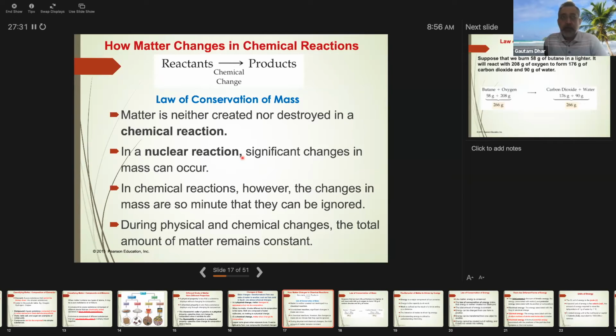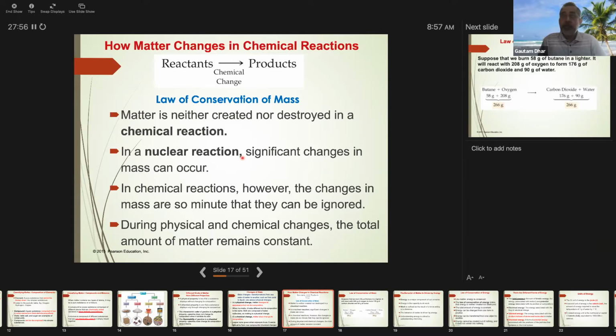So we are not getting that much energy in our chemical reactions. For all practical purposes, we can ignore the small change of matter that can happen due to the heat or the energy that is generated. So for this course, we'll consider that matter is conserved.